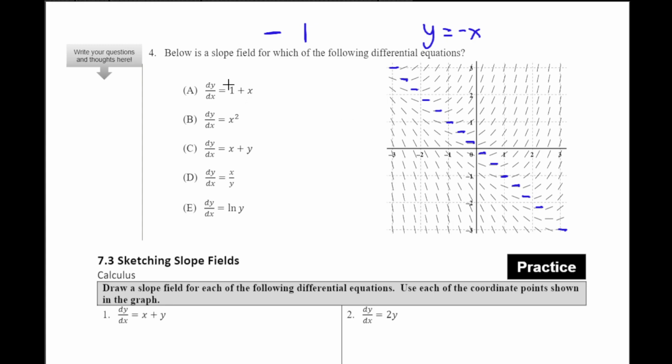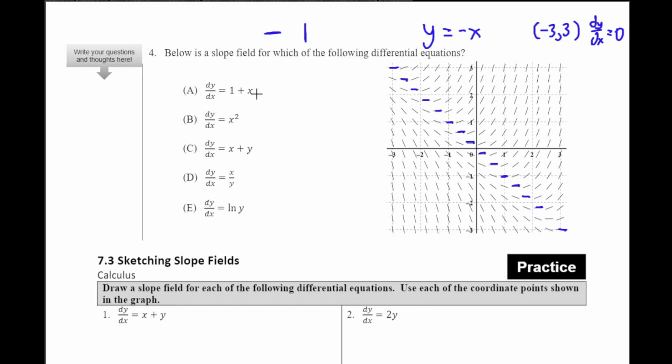So, like for example, A, if we plugged in negative 3 for x and y is 3, we should get a slope, a dy dx of 0, because there's a horizontal hash mark. So if we have the point negative 3 comma 3, we should have a dy dx equal to 0.